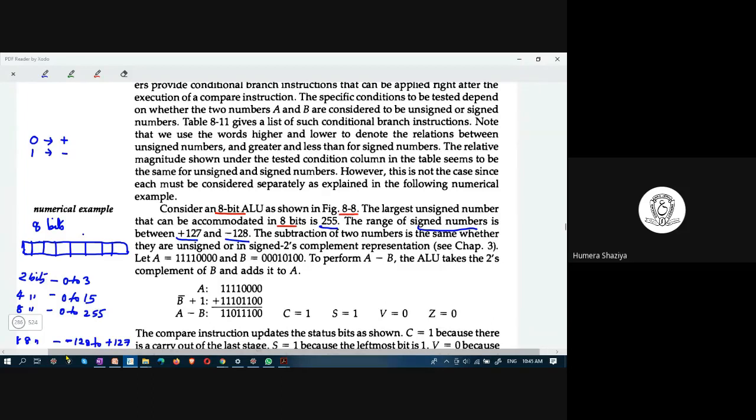This is known as signed numbers. And 0 to 255 is known as unsigned numbers. Is this point clear to you all, students? Yes, ma'am. Very good.